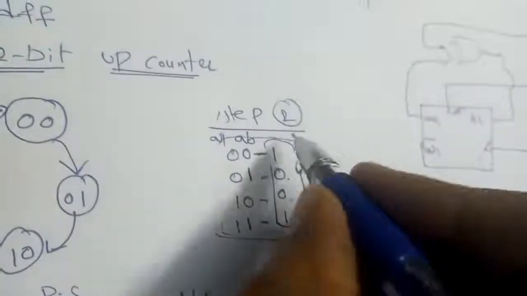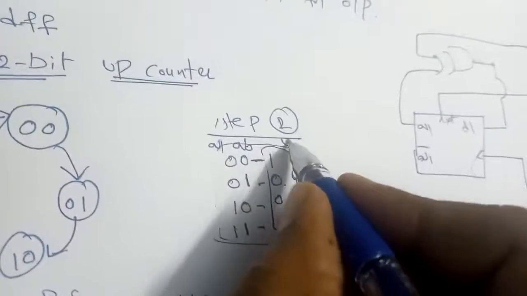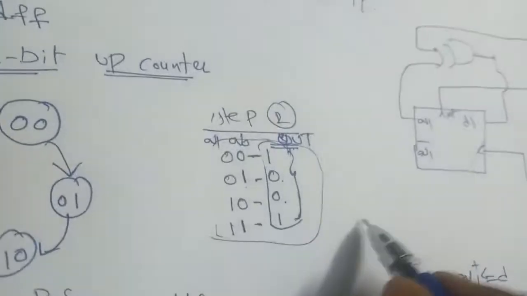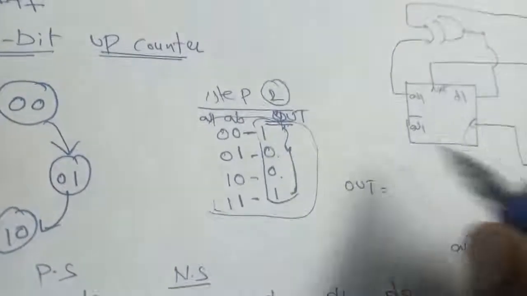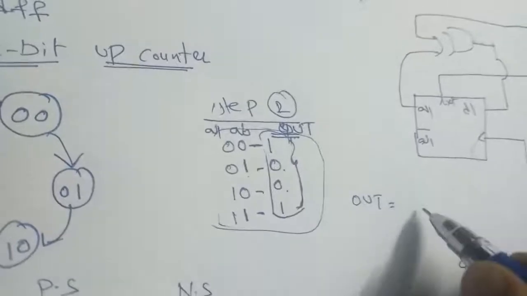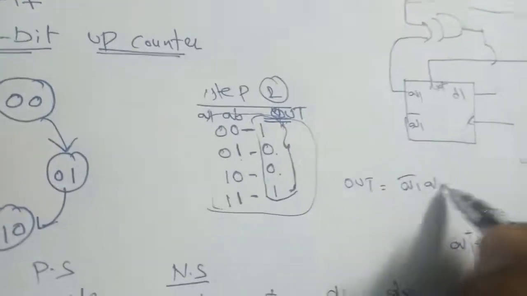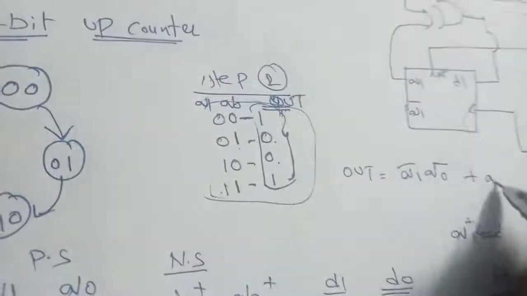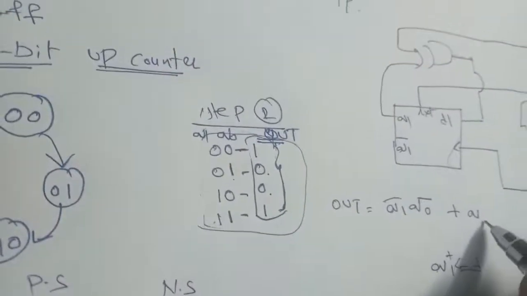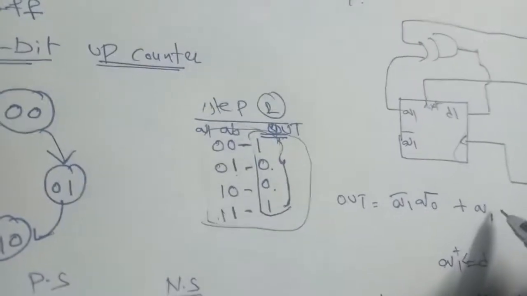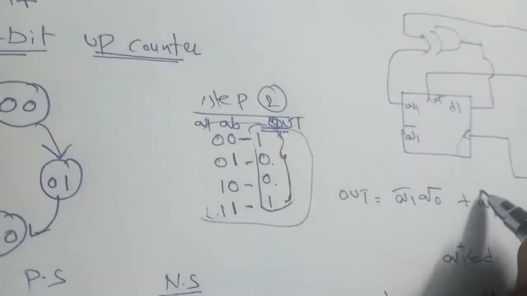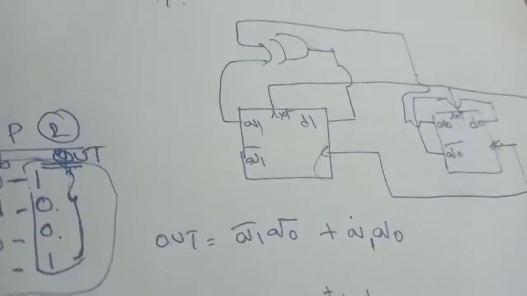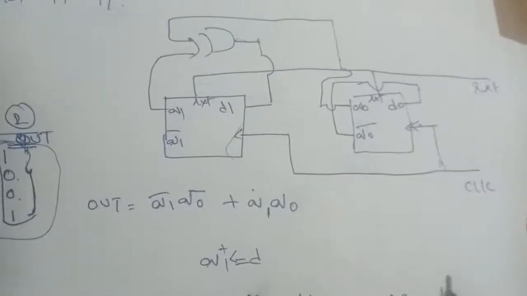This is the required output sequence Y, which in our question is given as out.